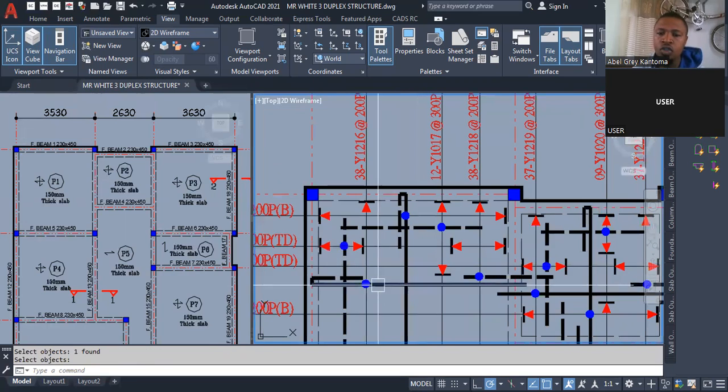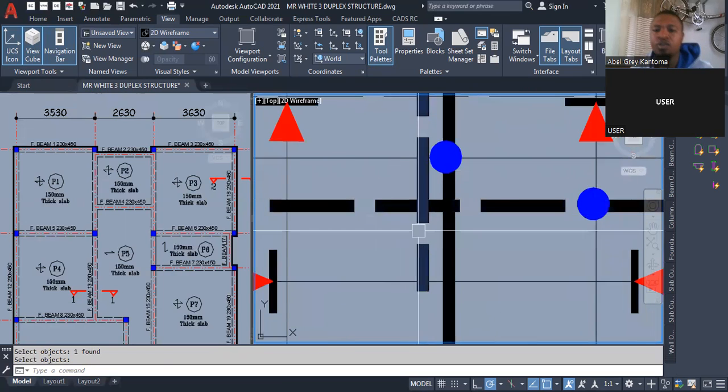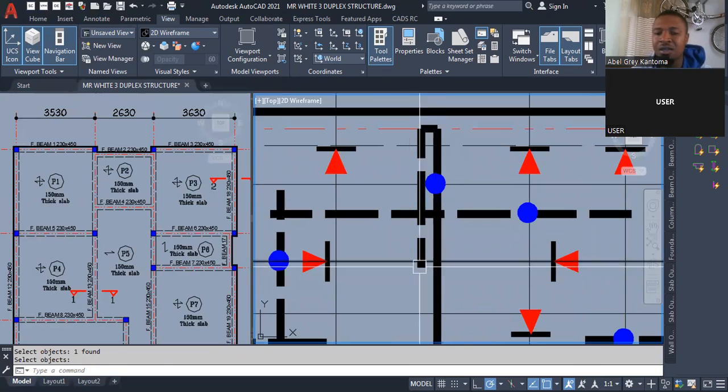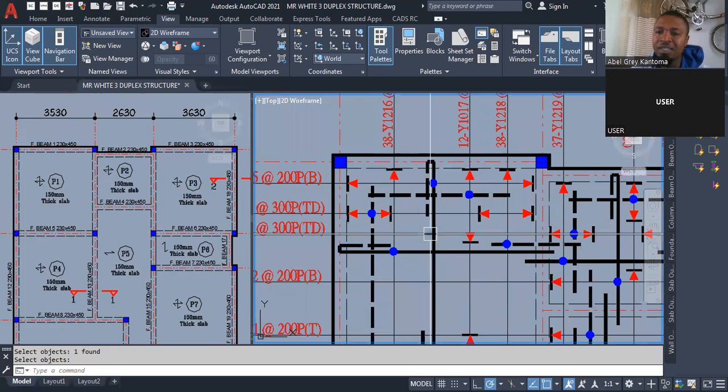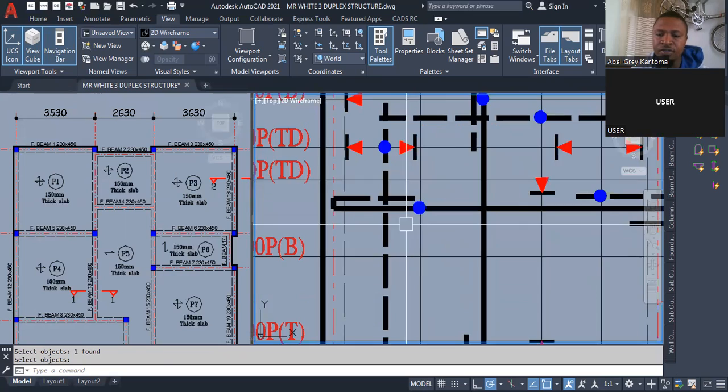So this drawing was done just by arranging it by eye. They did not really take that measurement here, but that is how it is. The return, when you are doing it practically on site, has to be divided by 4. Yes, so it's divided by 4.